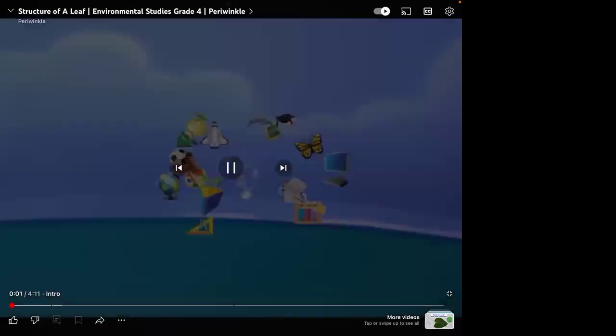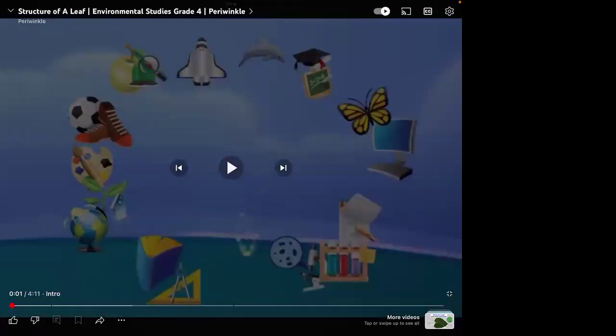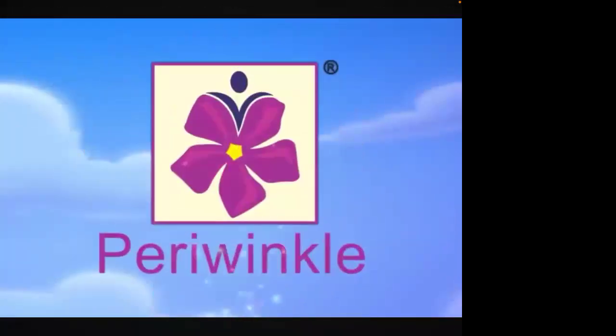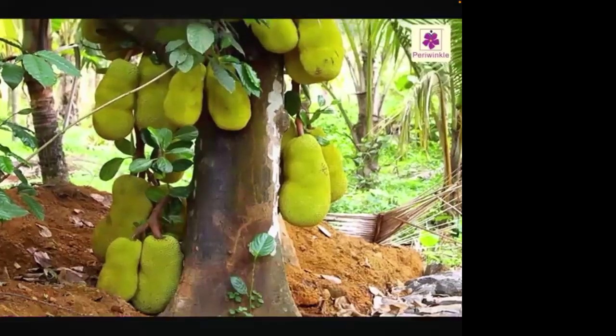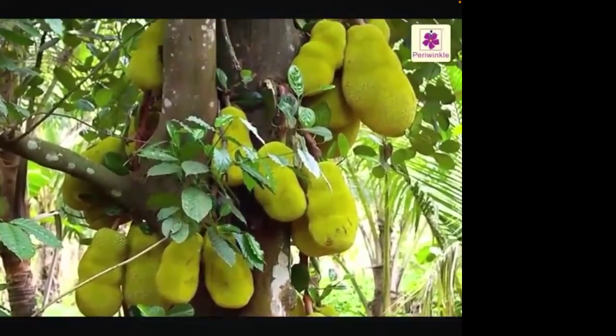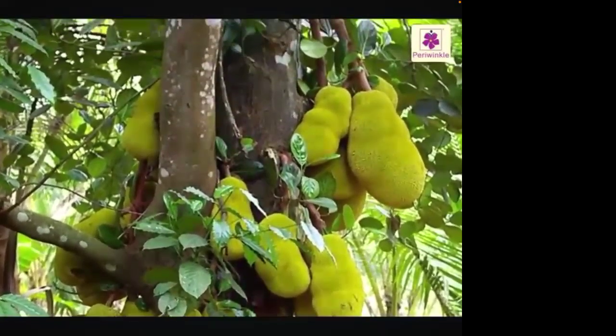Okay, so the structure of a leaf we will be discussing now. Plants are special because they do not have to look for food as they make their own food.